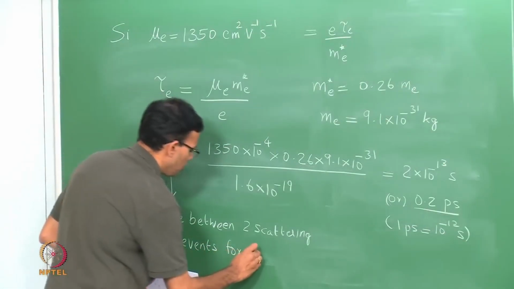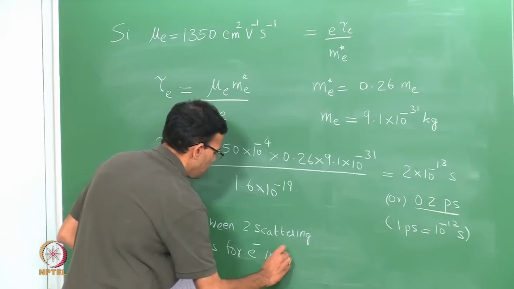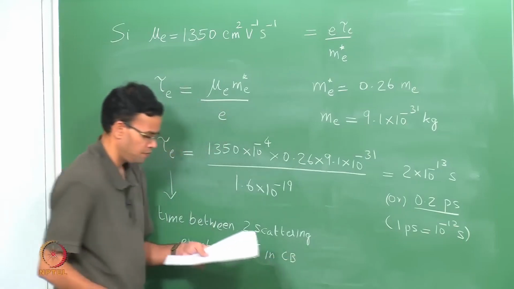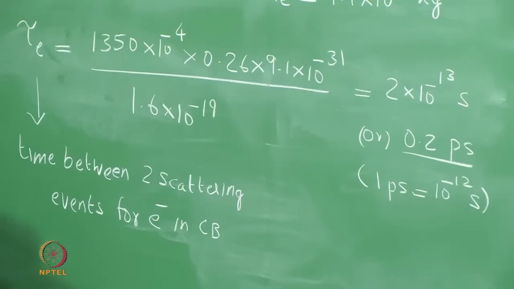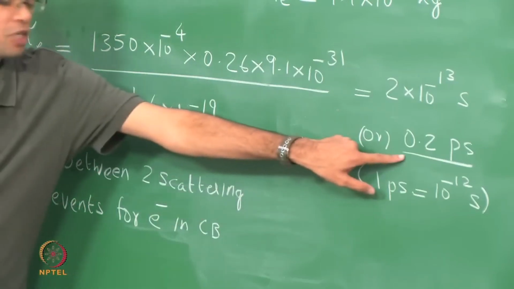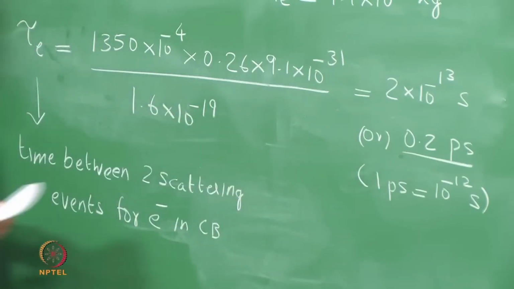And since we are talking about the electron, it is for the electron in the conduction band. We would also like to calculate the distance the electron travels between these two scattering events, or the distance the electron travels in this time of 0.2 picoseconds.